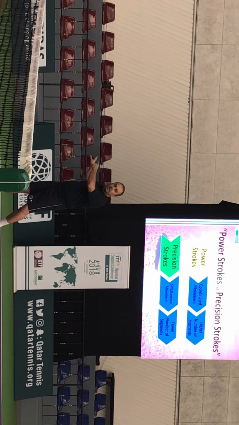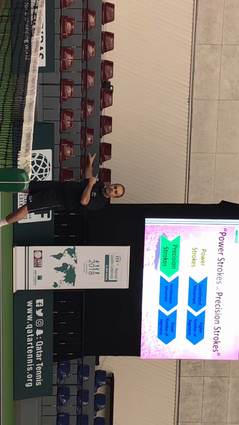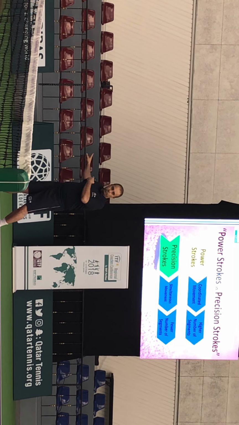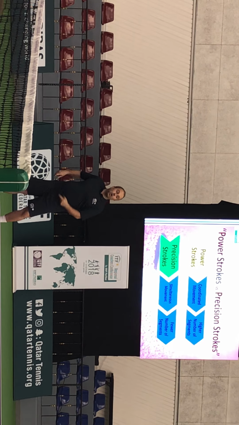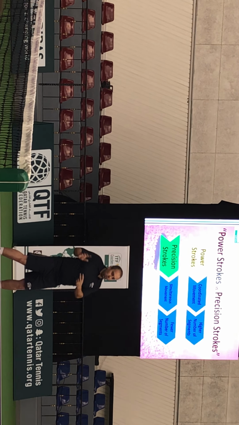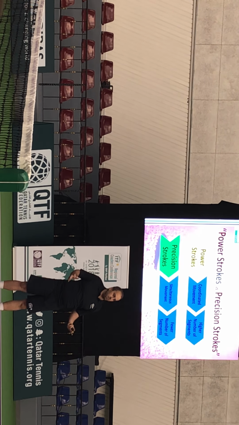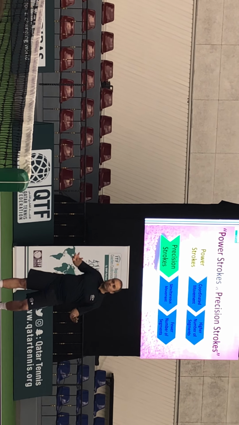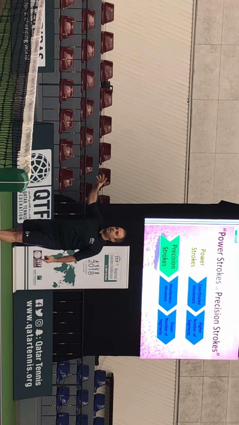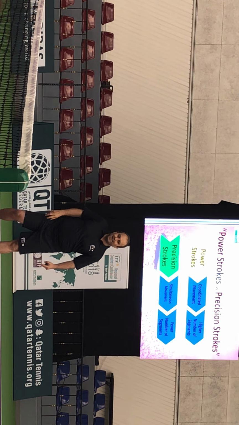My racket can move forward, my shoulder can move forward, trunk, hip, or they can all move forward at the same time. So what do you see in the forehand of a professional player?